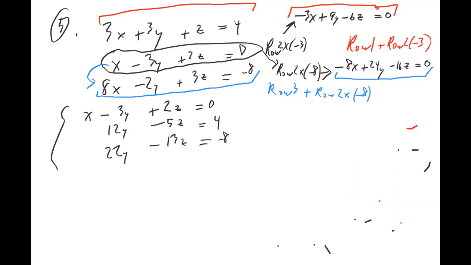Now, let's do this. Let's take the second row. We need to try to get the second row close to, let's see.